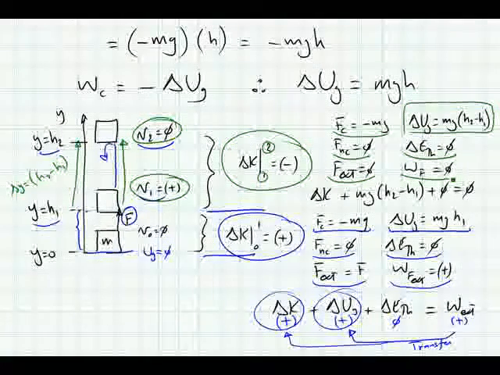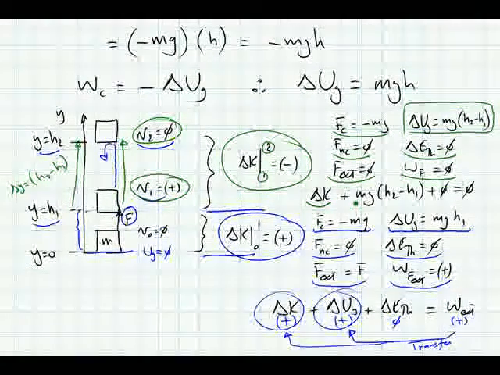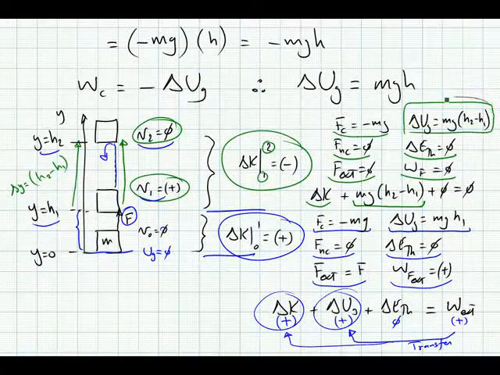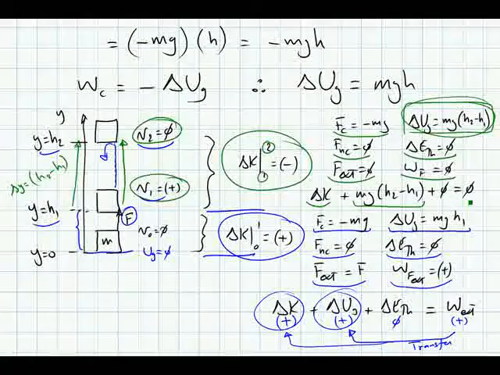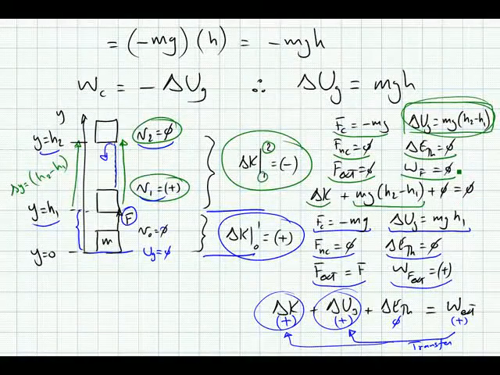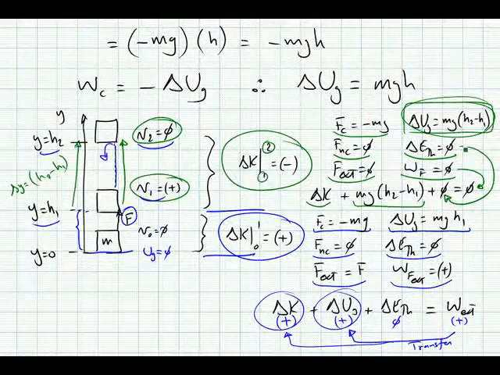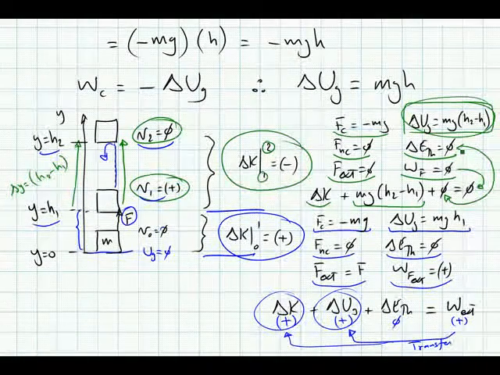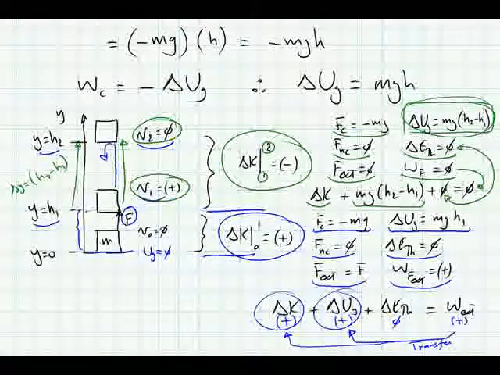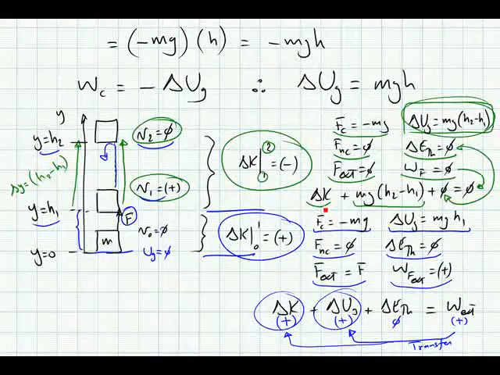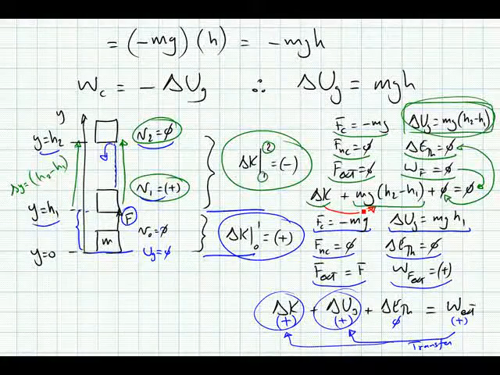So writing our general equation, we have delta K plus delta UG plus delta E thermal, which must equal the work done by external forces, and that is 0. The 0 here is the change in the thermal energy. So now you see that for the second stage of this problem, our kinetic energy got transferred into potential energy.